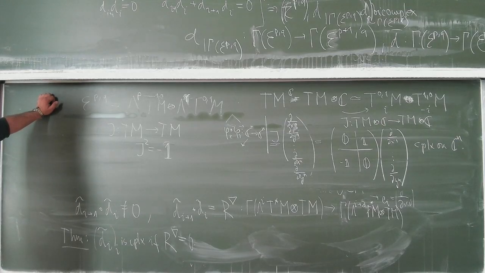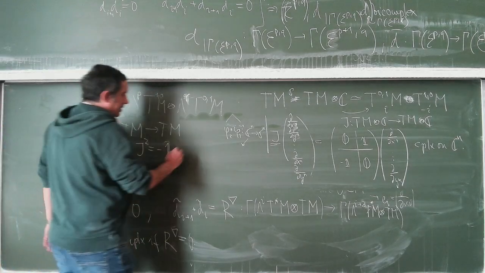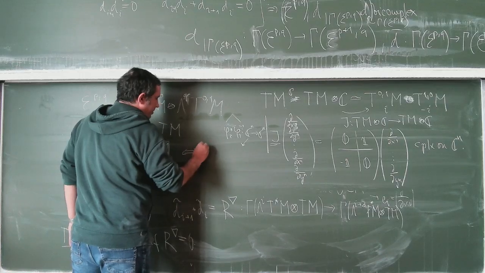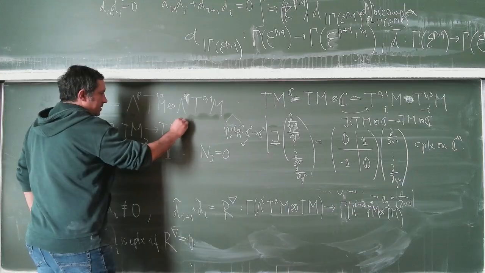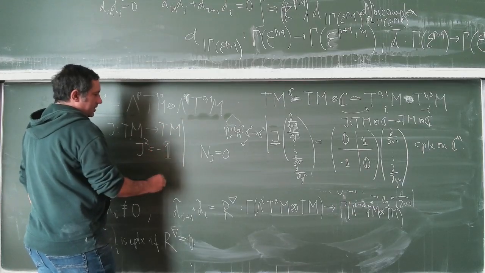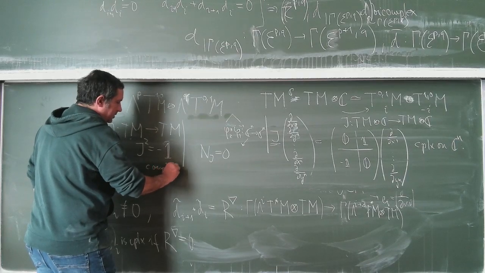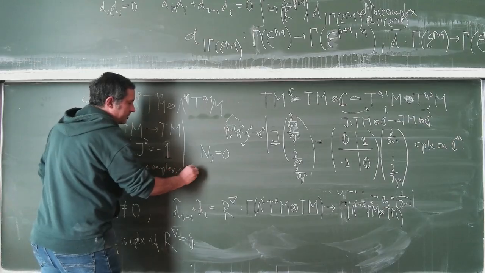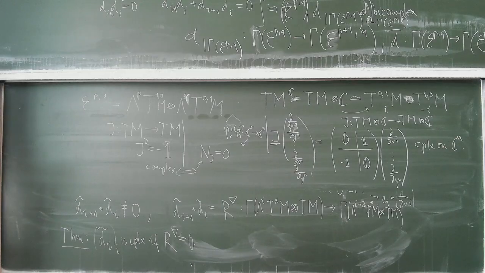So we are getting a bit to the foundations, but not as we would like to. So this is holomorphic or complex if and only if some (2,1) tensor vanishes.